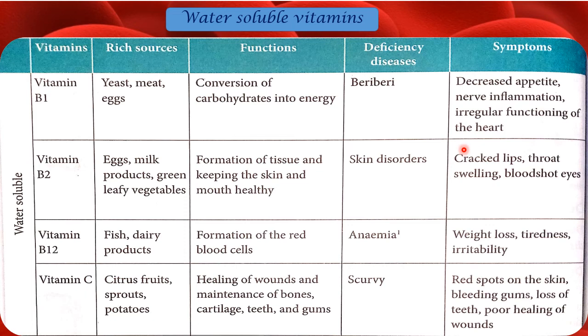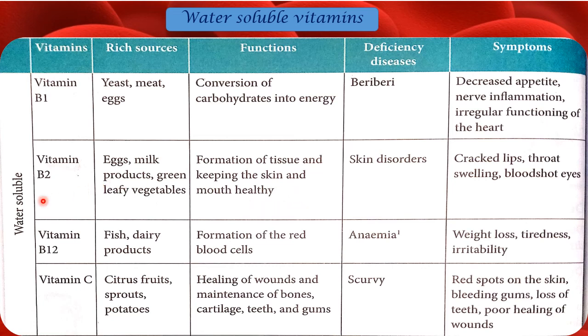All right, then vitamin B2: eggs, milk. So most of the things are repeated here. Can you see that? That is how I'm coming back to the same point, that nutrients are present in all the food items but in different quantities. Milk products, green leafy vegetables. The main functions are formation of tissue and keeping the skin and mouth healthy. So in order to keep your skin healthy, what do you have to take?